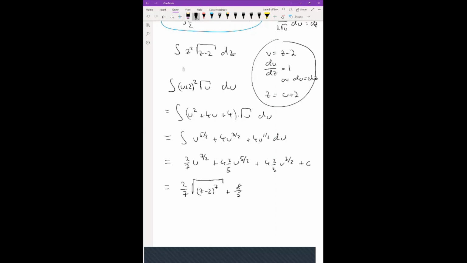So which is then 2/7 the square root of (c minus 2) to the 7, plus 8/5 square root of (c minus 2) to the 5, plus 8/3 square root of (c minus 2) to the 3, plus a constant.